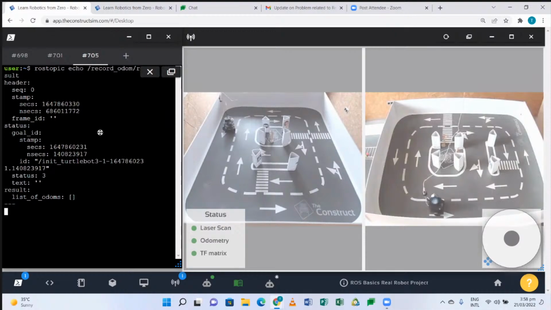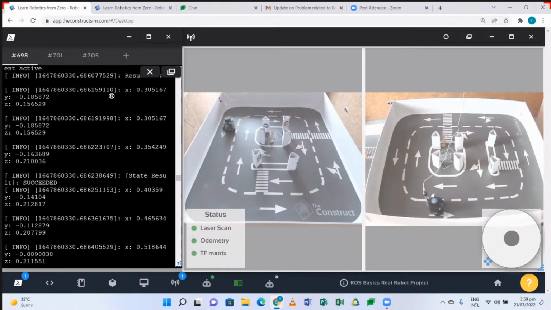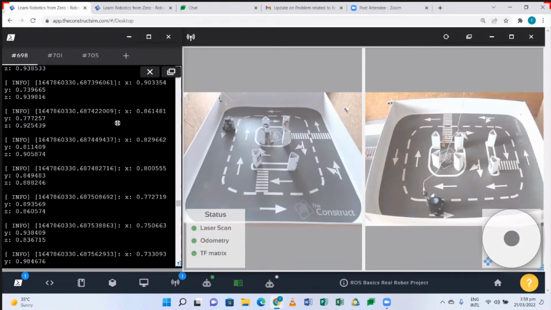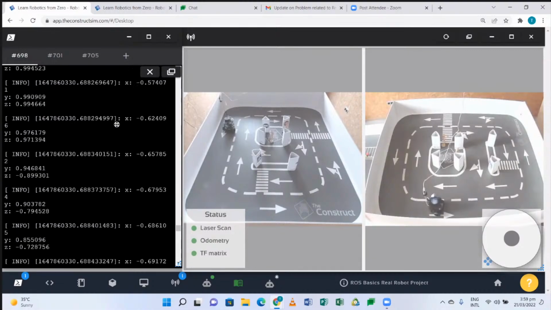Now here it has stopped. It is the first lap, and the result has been echoed. And here is the list of odom values which it has recorded as a result. I had displayed it at the end.